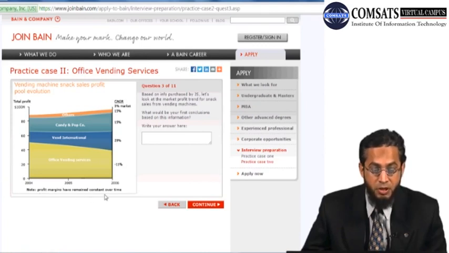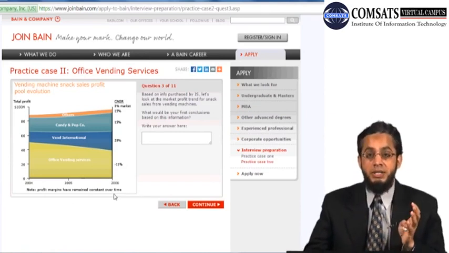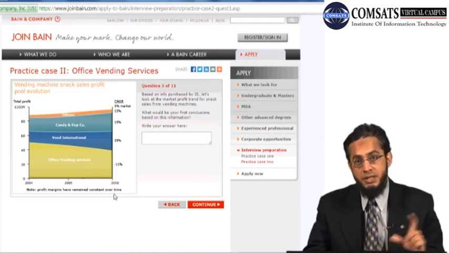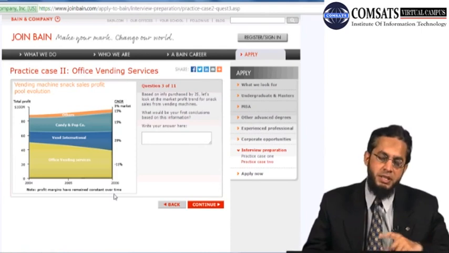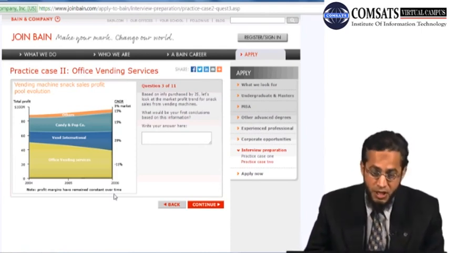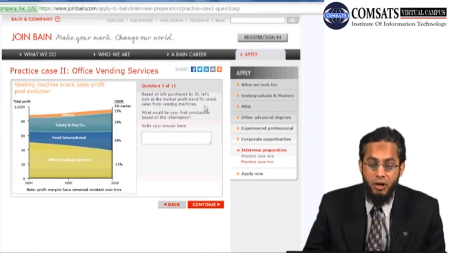Profit margins have remained constant over time, which means जो profit margins है अगर वो 15% है, 10% है or whatever, they remain the same. वो issue नहीं है. Issue क्या है? Again, you break down the problem into different segments. You have to look at the market profit trend for snack sales from vending machines.